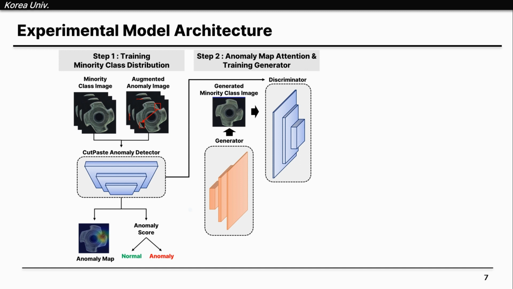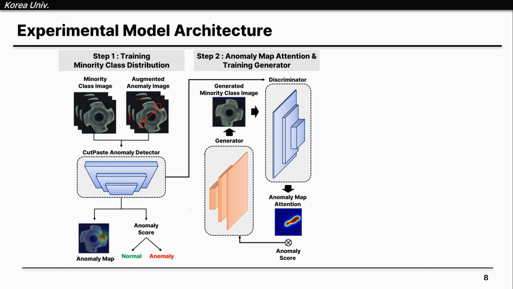The more the model learns the distribution of images, the more the derived images look like real minority class images. Since the one-stage anomaly detector is used as the discriminator, the anomaly map and score are derived directly from the discriminator.